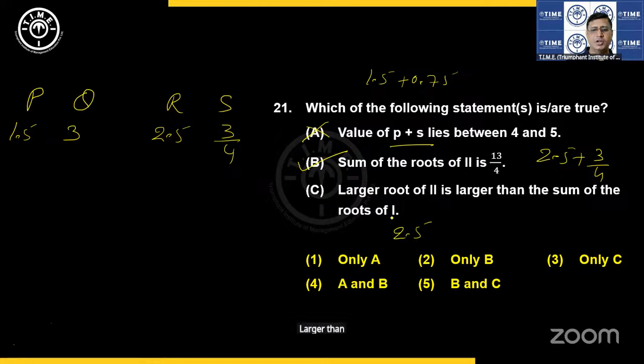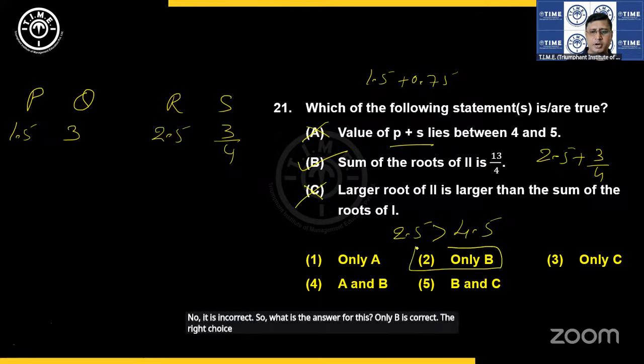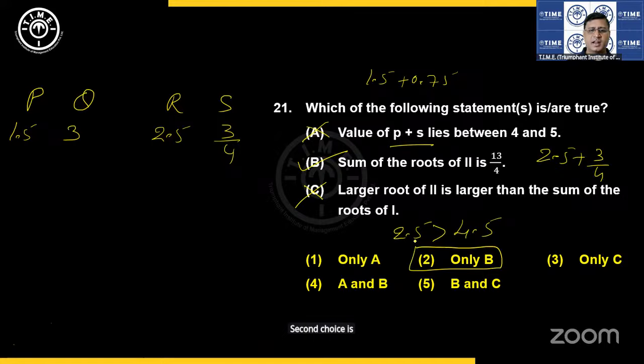The sum of the roots of the first equation is 4.5. Is 2.5 greater than 4.5? No, it is incorrect. Only B is correct. So the right choice is option number 2. The second choice is the correct answer.